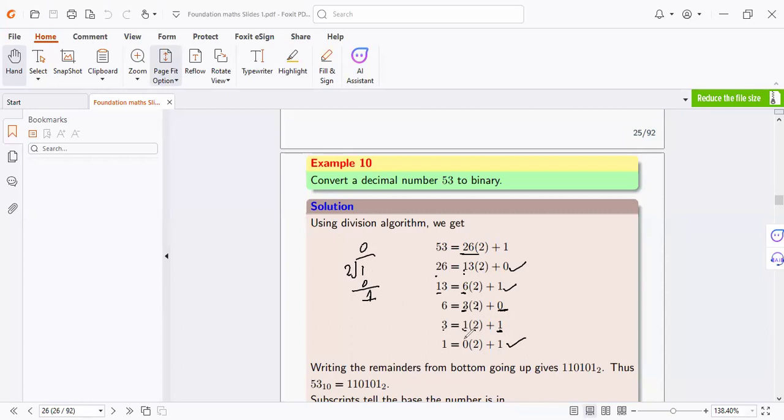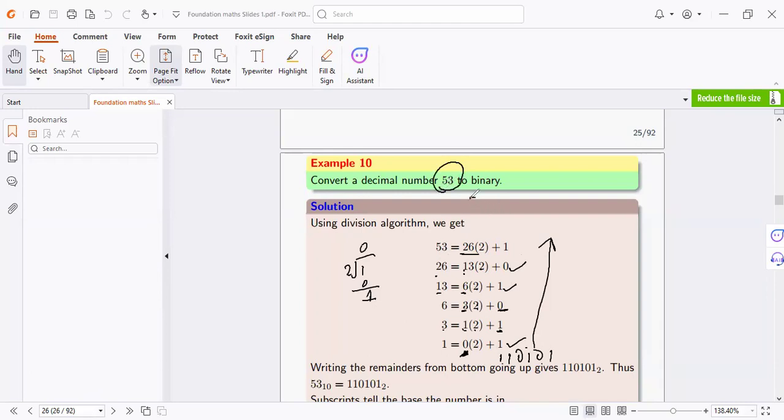Once the quotient is 0, we stop. Then we write the remainders from the bottom going up. So the binary number is 1, then 1, then 0, then 1, then 0, then 1. That is the binary number you get when you convert this decimal number.